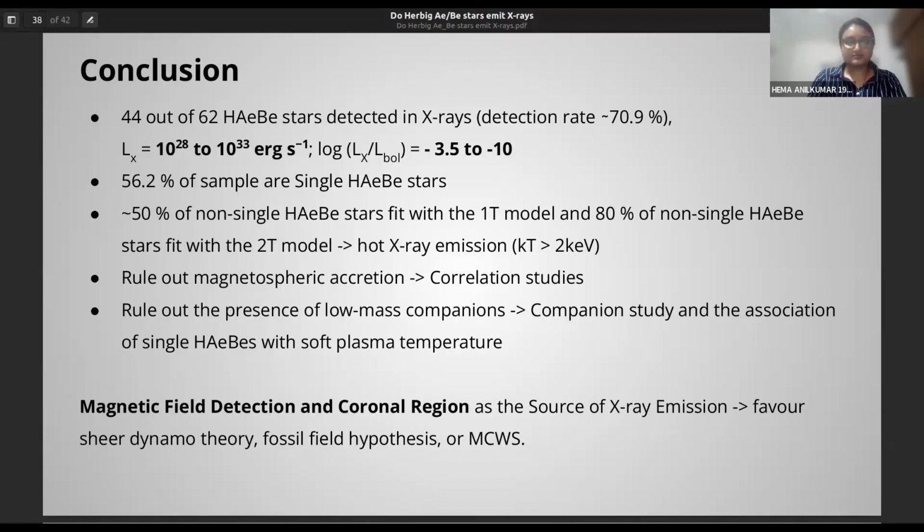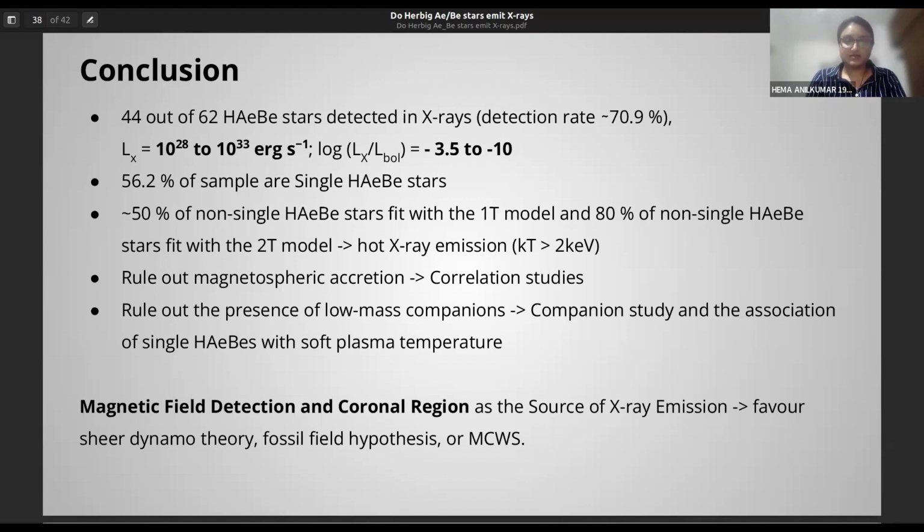So from the plasma temperature studies, we saw that for a majority of single Herbig Ae stars, about 50%, the plasma temperature was less than 2 keV, and for the stars with confirmed companions, we saw a plasma temperature greater than 2 keV.